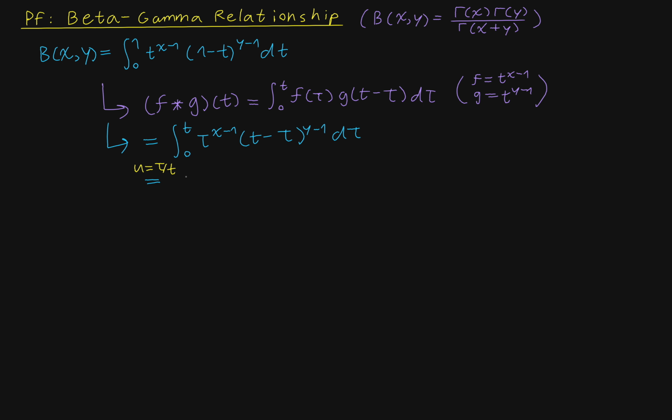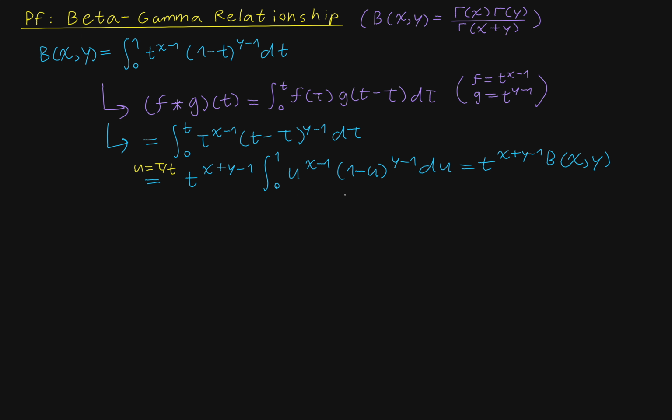So overall what we're going to have factored out is t to the x plus y minus 1 times the integral from 0 to 1 of u to the x minus 1 times 1 minus u to the y minus 1 du. And this is just equal to t to the x plus y minus 1 times the beta function of x and y.